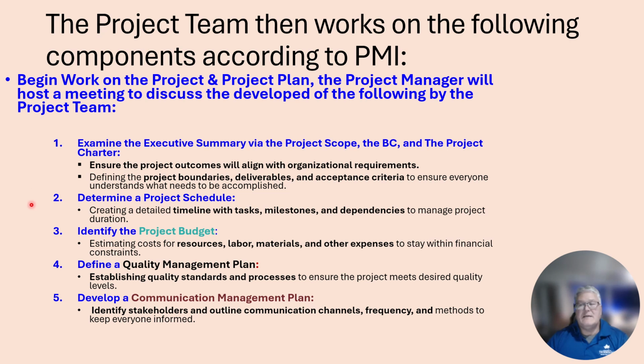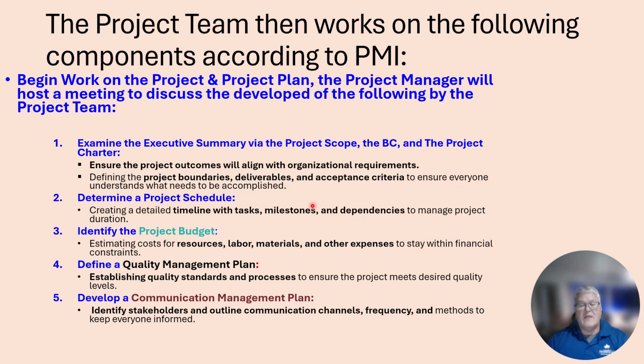So your project team is going to work on some of these components for your project. So they're going to examine the executive summary, especially the project scope and the project charter and the business case too. They'll ensure the project outcomes that they have decided upon align with the organizational requirements.